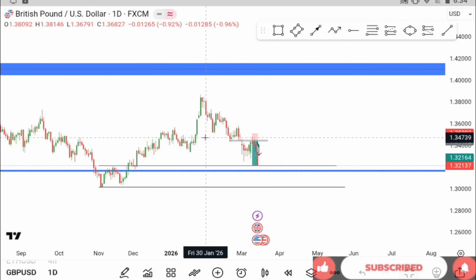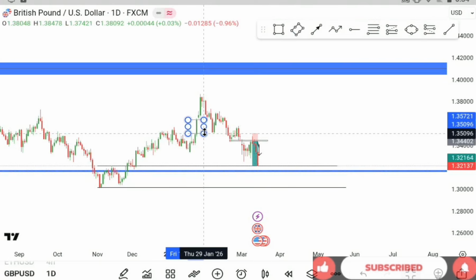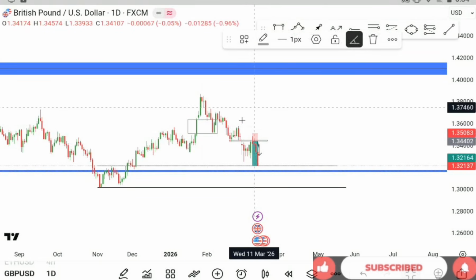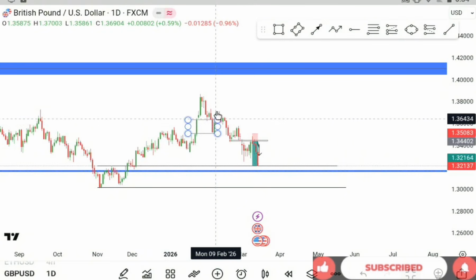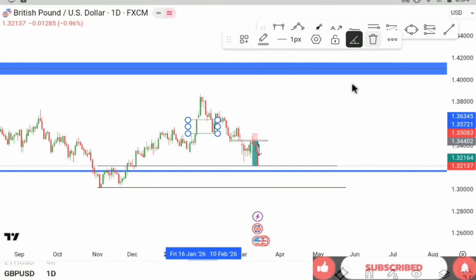If we were meant to be continuing higher highs and higher lows, there was an inverse FVG here. There was an FVG at this point here that the market respected before pushing to the higher side.